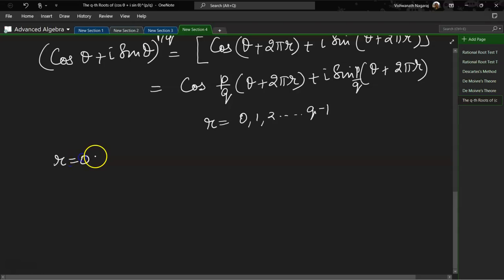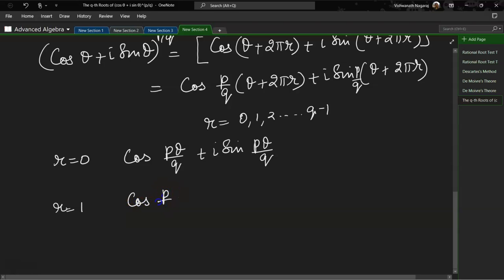Let's see again in general what the form of these roots will be. If r is equal to 0, we end up with cos(p theta by q) plus i sin(p theta by q). If r is equal to 1, we have cos(p by q times (theta + 2 pi)) plus i sin(p by q times (theta + 2 pi)).